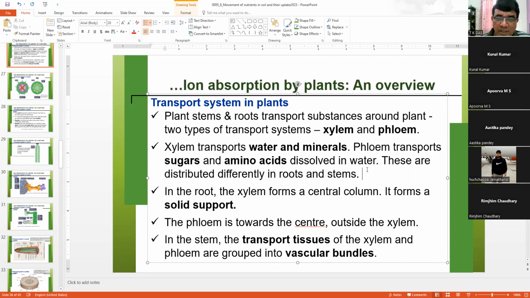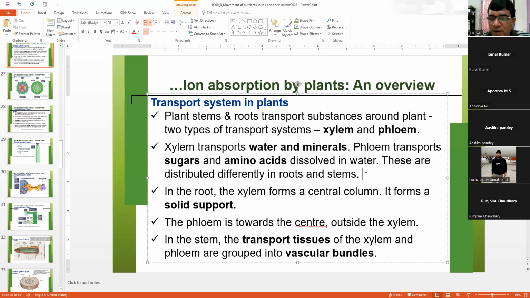In the root, the xylem forms a central column. It forms a solid support. The xylem and phloem run through the plant system, from the tip of the root to the tip of the leaf or the tip of the stem.